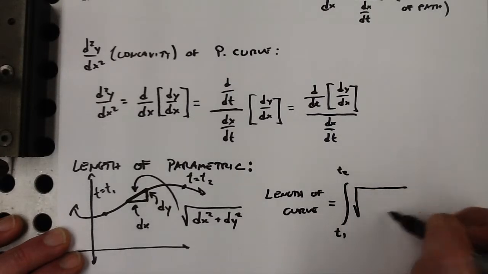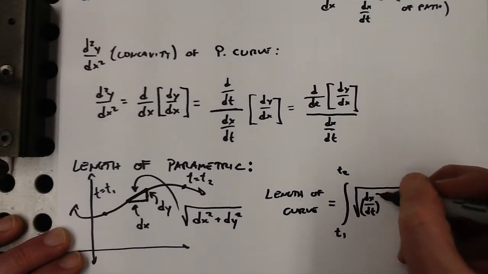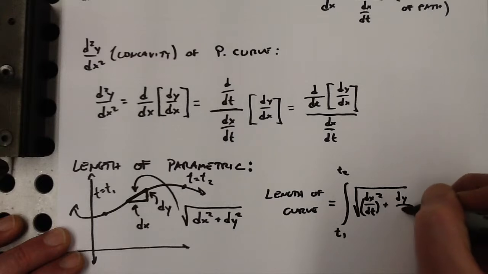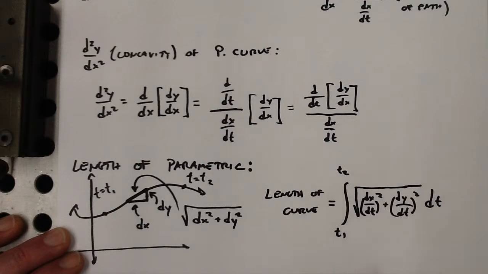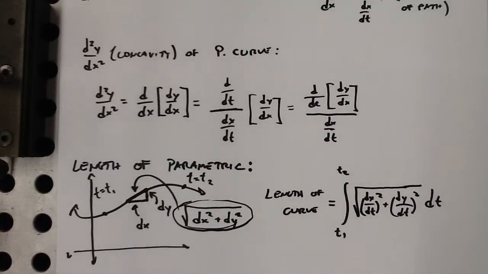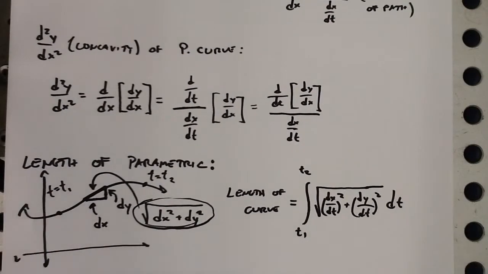Now, I need things that are in terms of t here, so instead of just dx, I can say, well, that's like (dx/dt) squared plus (dy/dt) squared with respect to t. And if you think about the algebra that would happen here, this expression is precisely equal to this expression. So we are good. And that's how you find the length of a curve. Easy to do when you're in parametric mode. And once you have that, it's also easy to switch it out of parametric mode and understand why it looks like it does when you're not doing parametric stuff.